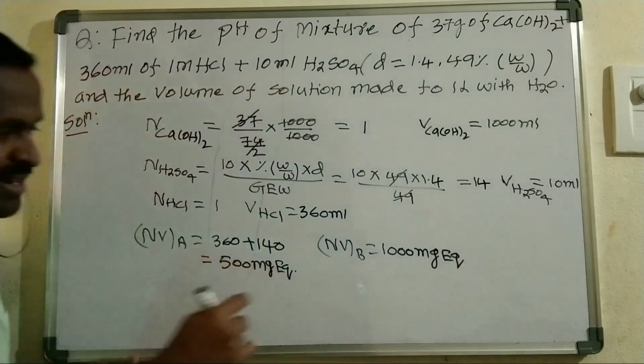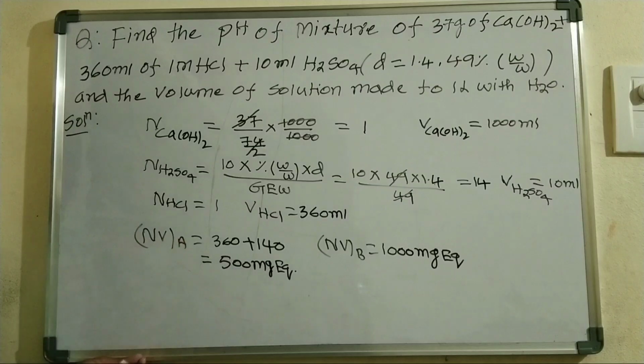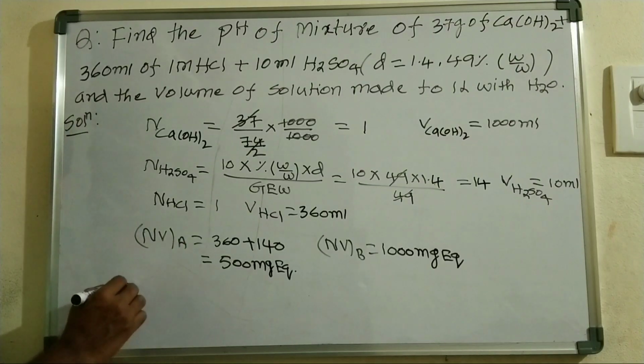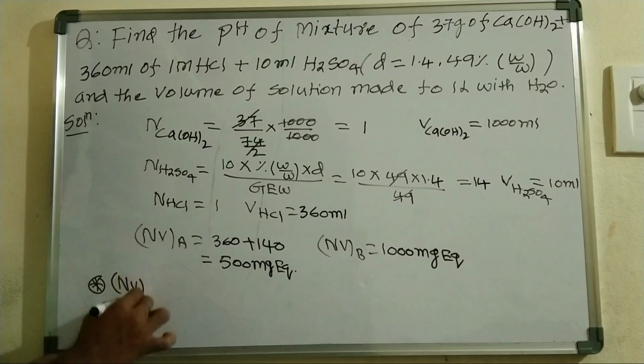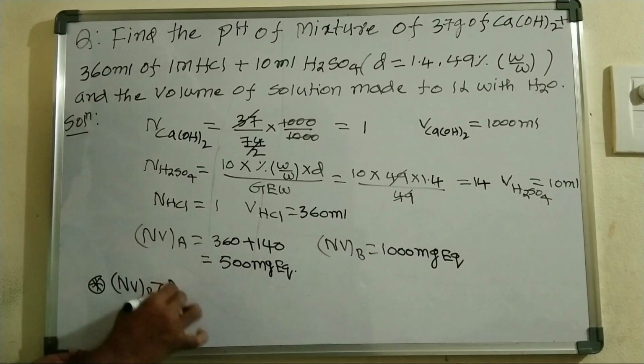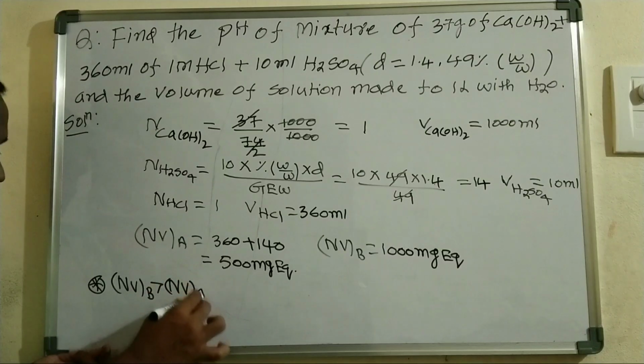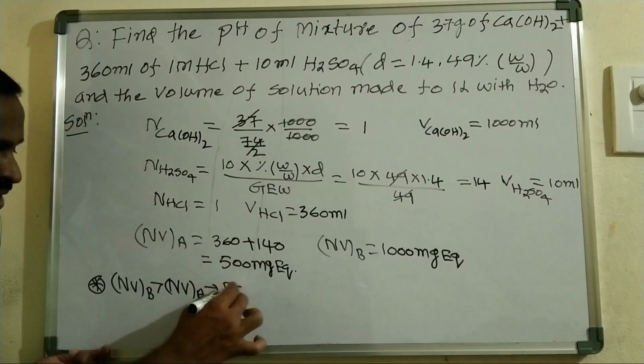So actually the NV product of base is more than the NV product of acid. So the resulting solution is basic.